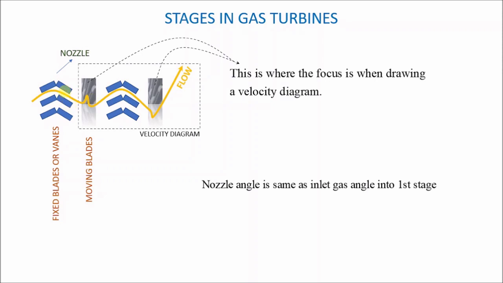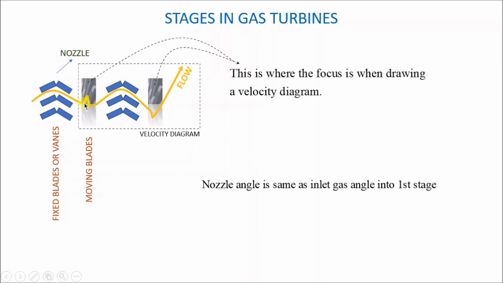Okay, I hope you can see that. The nozzle angle is equal to the inlet gas angle into the first stage, because the gas is coming from the nozzle. So if the nozzle is inclined at a certain angle, then therefore the gas is also going to flow at that angle. And therefore we say that the nozzle angle is the same as the inlet gas angle into the first stage. You can see that when you look at that drawing.